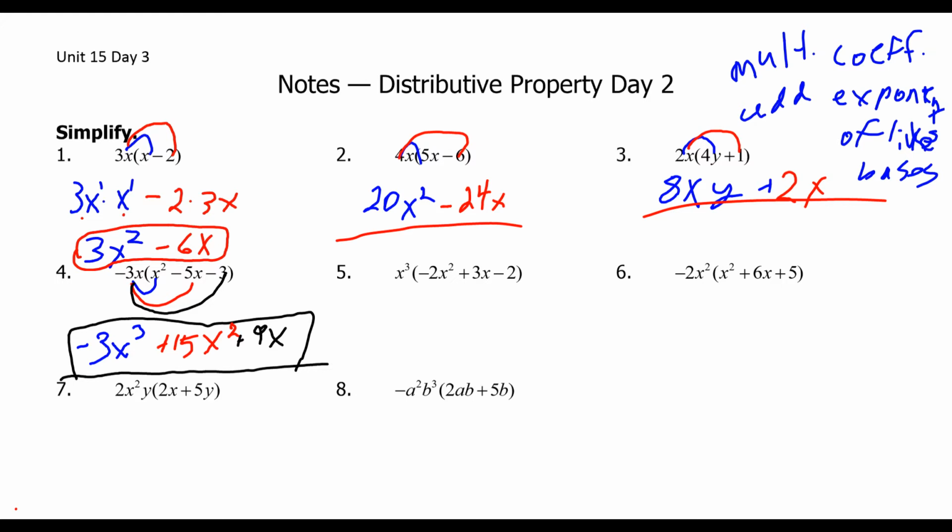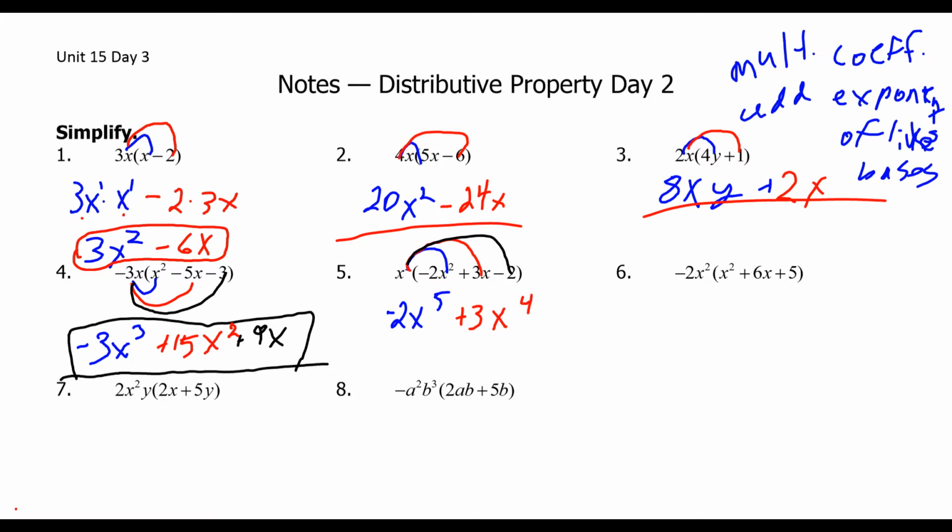Now, on number 5, what we should do is we should wind up going x cubed across, over to there, and over to there. So we got x cubed times negative 2x squared, which is going to be negative 2x to the 5th. And then x cubed times 3x is going to be plus 3x to the 4th.